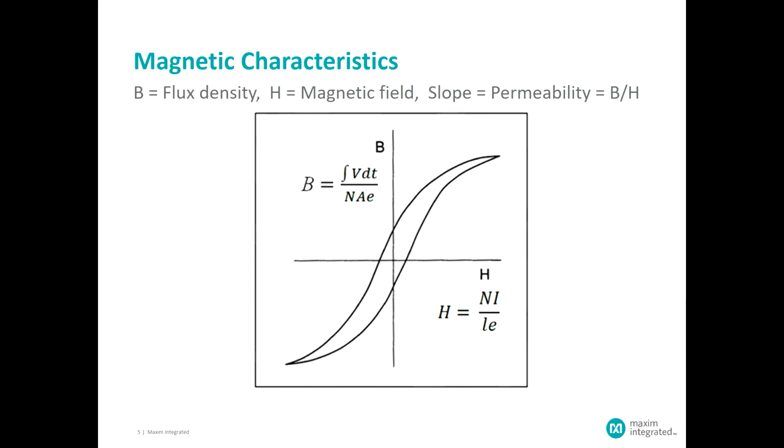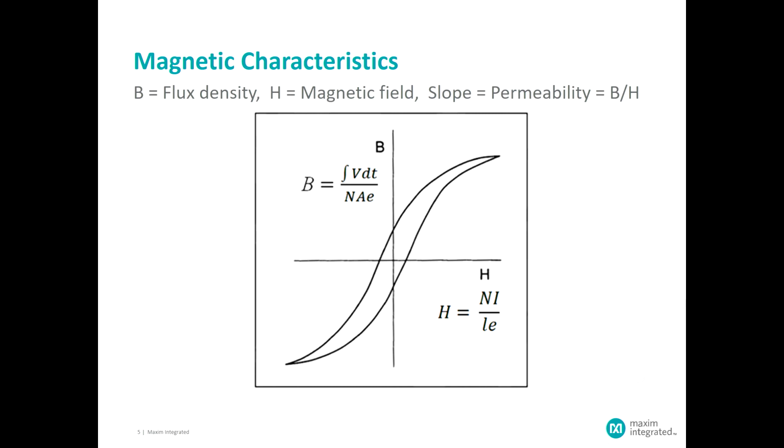Faraday, on the other hand, was looking at the flux levels and found that the magnetic flux could be increased by a voltage across a coil of wire that lasted for some period of time. So it is the integral of volt-seconds that determines the flux density in the vertical axis.